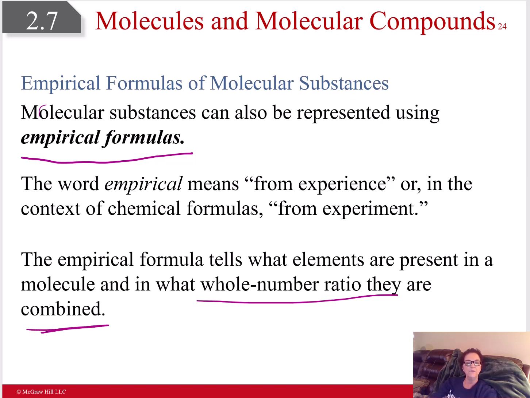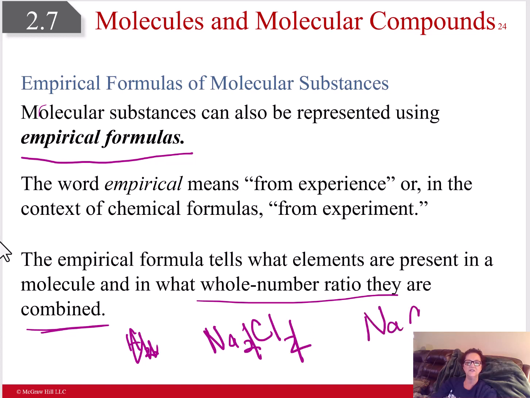Now, remember in ionic, let's say Na2Cl2. If we had that, then we would have to reduce that to NaCl.